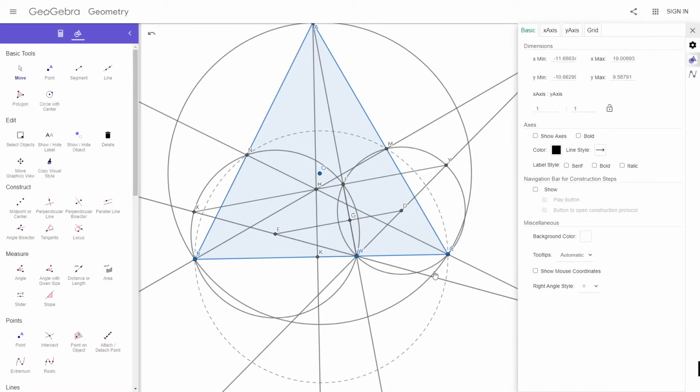Well, there's a lot of lines here. You should know that this is a cyclic quad because we've got two angles subtended at 90 degrees.